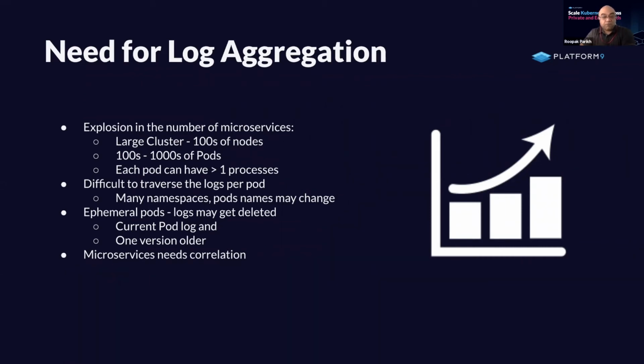Some of them have one or more processes associated with them. And as you can imagine, the number of log sources just multiplies. So if you're looking at 100 into 1,000 pods, you're talking about 100,000 sources of logs, and traversing between them manually is impossible. So you have to use something like log aggregation so that you can aggregate and then look through them.